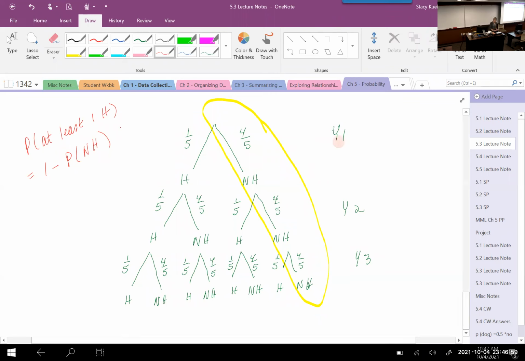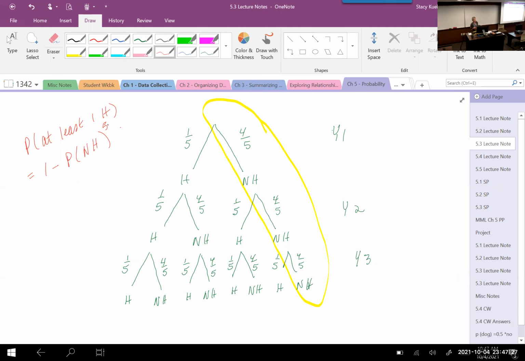Now, I only represented 3 years here, but if I were to keep going with this tree, I would still only highlight that far right-hand side, correct? So technically, since I'm looking at 5 years, we want to know what is the probability of at least one hurricane in the next 5 years.